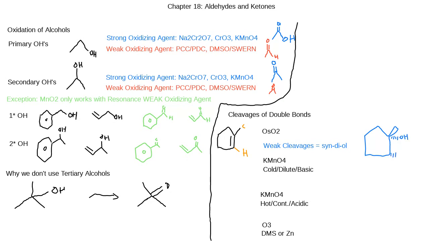And if you remember what syn means, it means cis, essentially, or same. And because we have 2 alcohols, that's where the di is coming from. And because these are alcohols, that's where the OL is coming from. And that should be the answer to both this reagent and this reagent.